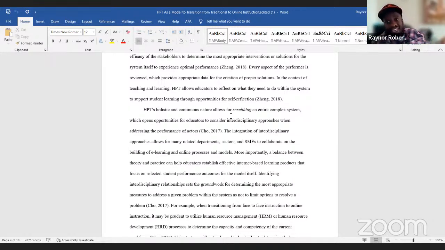We typically think of scrubbing like scrubbing our clothes or scrubbing something to clean it. In this case, we're talking about scrubbing as in looking through it thoroughly. Because I have used the word scrubbing in a way that doesn't fit its primary meaning, the meaning that most people would use that word in, we put it in italics. So it's used in a way that is typically not used. Okay.